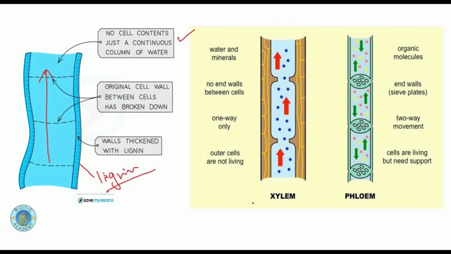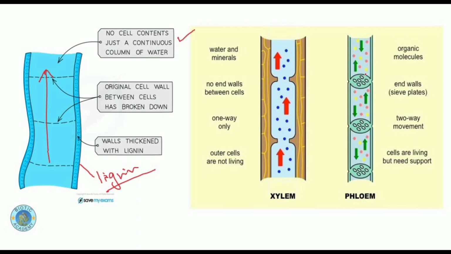As compared to the xylem vessel, we will see phloem vessels. Phloem vessels are responsible for the transportation of sucrose from the leaf to all parts of the plant body. Phloem vessels are living. They have organic molecules; as I told you, they transport sucrose to all parts of the plant body.